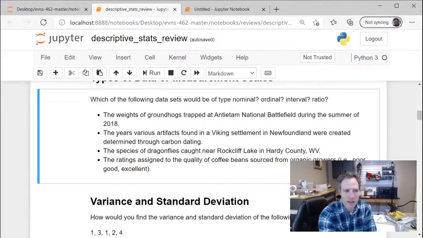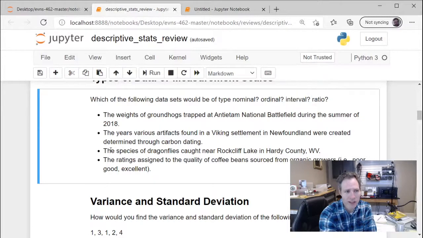On the other hand, years don't have a natural, well-defined 0 point. Yes, there's year 0, but that's arbitrary on a scale. You can go back in time from that point. You can call that BC, and then you're counting the opposite direction. So years do have a well-defined interval, but they don't have a well-defined 0 point. That would make year interval data.